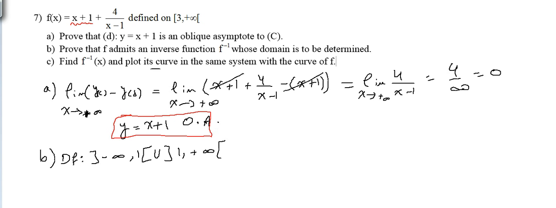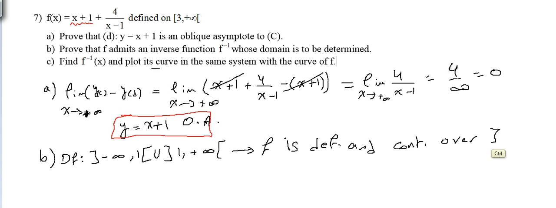If it is defined from minus infinity to plus infinity except 1, this means f is defined and continuous over the part of the domain we need, which is [3, +infinity), because it is a subset of the domain of f.